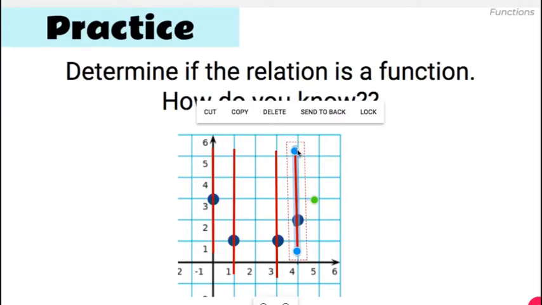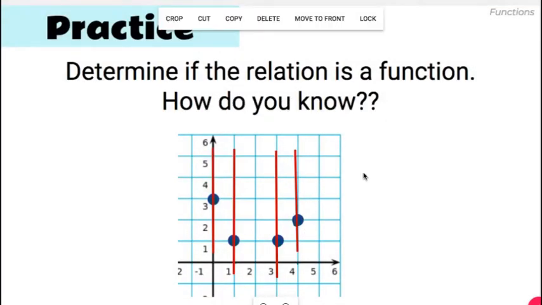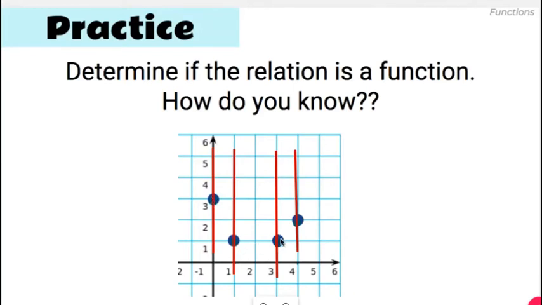And mine aren't perfectly straight, but you'll get the point. So if I look at these vertical lines, none of them are going to go through 2 points at once. What that means is I do not have any x-coordinates that repeat. That means all of my x-coordinates are unique. So it is a function.